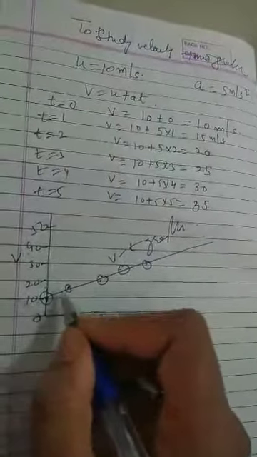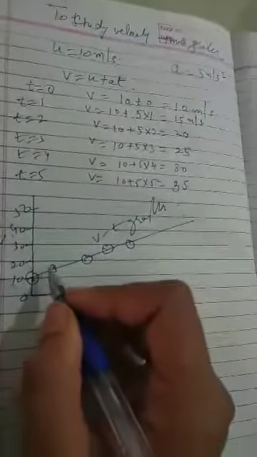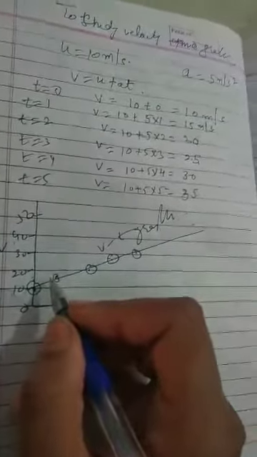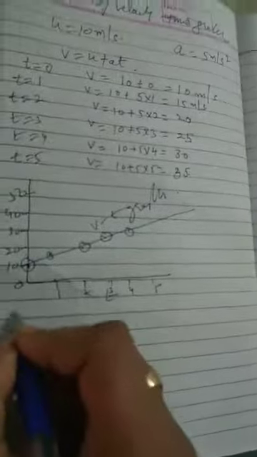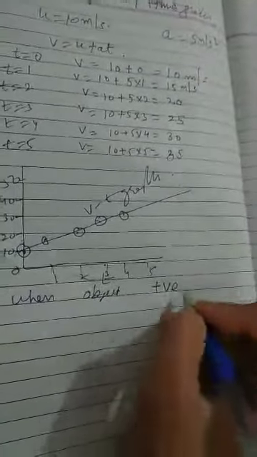For uniform acceleration, it will be a straight line inclined to the time axis, meaning with the time axis it makes an angle theta. Clear? And when the object has constant acceleration, let it be positive acceleration, the slope will be in the upward direction, or positive slope.